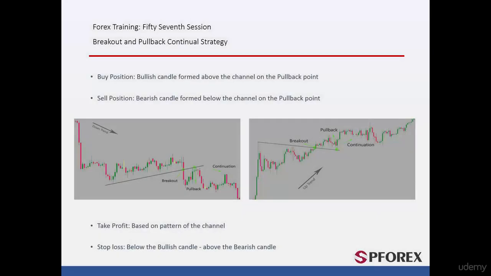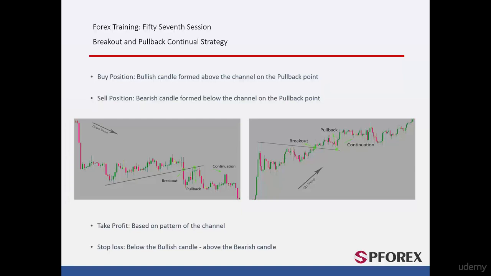Buy and sell positions. On the left graph, after the price fluctuated in a gradient channel, it has broken the channel followed by a pullback trend. Eventually, a reversal candlestick has formed near the edge of the channel, on the pullback point, hence price increased towards the top.